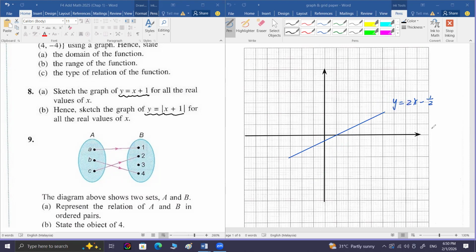Then if I ask you to draw with the modulus, any that lies on the x-axis, can you see here? Lies on the x-axis one, right? So this line, you reflect. Means this line, you do the reflection up.